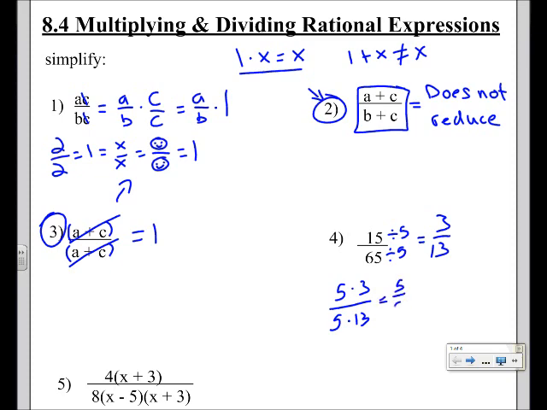Split the fraction up. And of course, these will cancel or reduce down to 1. And now we get 3 over 13. Same thing we got up here. So I just wanted to show that this is why our reducing operation works. This is what we've been doing this whole time.